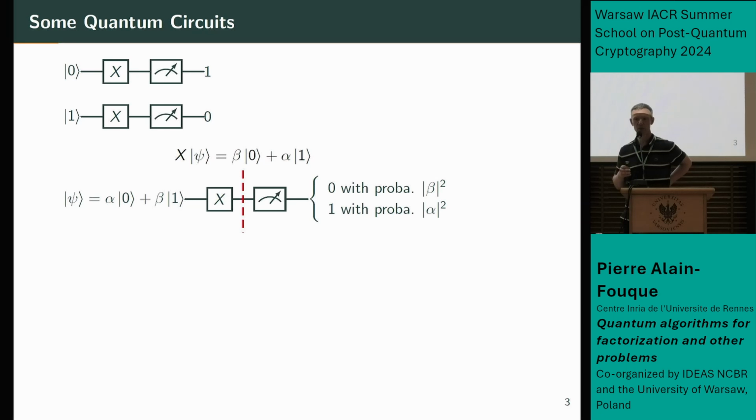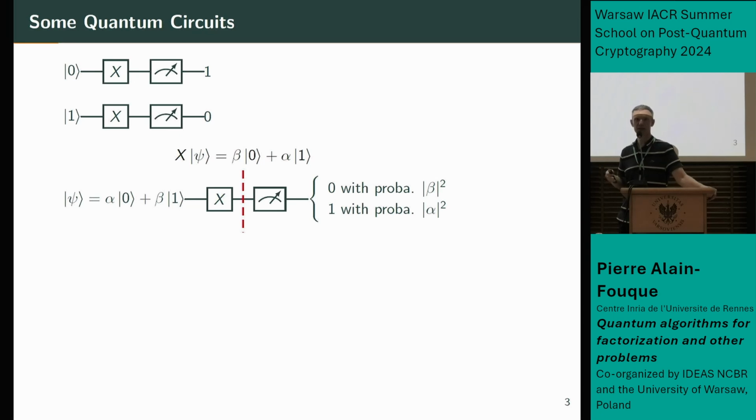So if you begin with ket 0, after X you will get ket 1. And if you measure this quantum state, you will get 1 with probability 1. Okay, this is the same also if you begin with ket 1, you will get 0 at the end. And so it is very easy to go through all the computation by looking step by step at what the state will be.